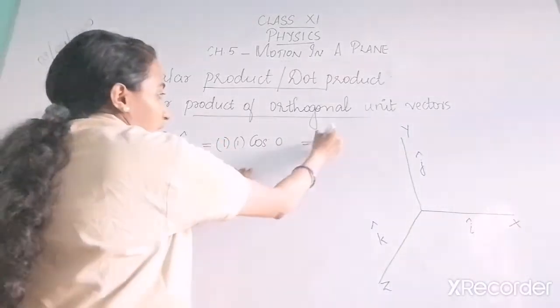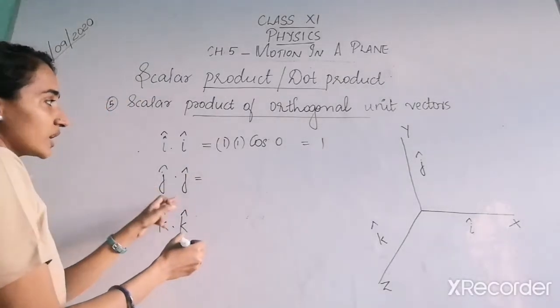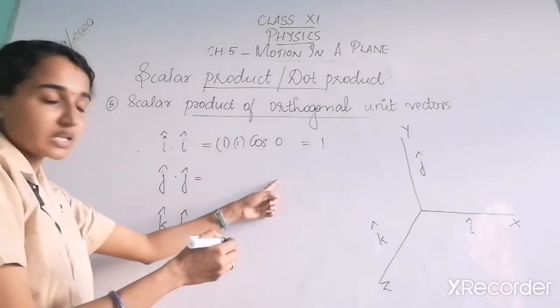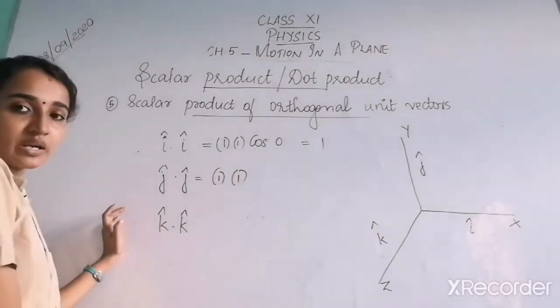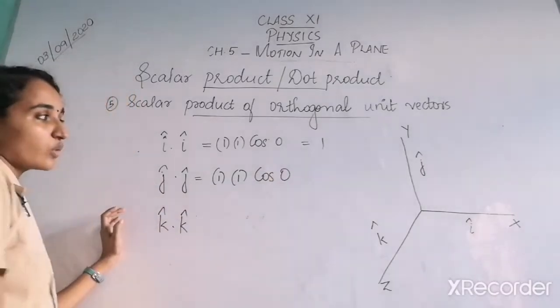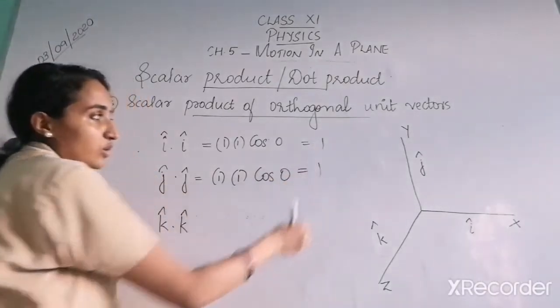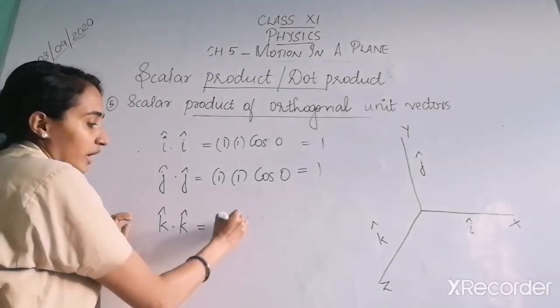So i dot i is equal to 1. Similarly, j dot j will be j j cos theta. Being unit vectors, the magnitude will be 1, and since it is with itself, theta will be 0. Here also 1. The same with k also.